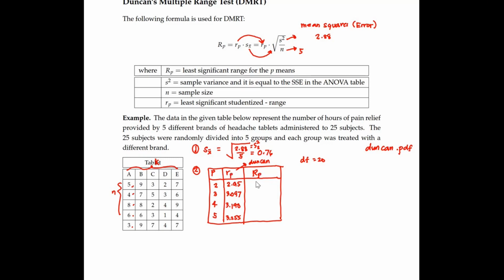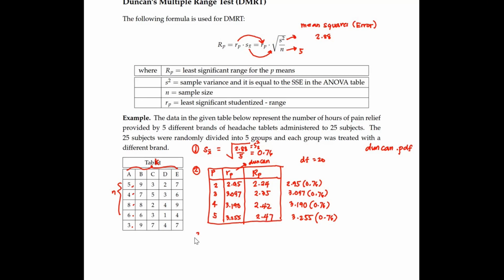So we have 2.95 times 0.76, which gives 2.24, and then 3.097 times 0.76, which gives 2.35, and then 3.190 times 0.76, which gives 2.42, and then 3.255 times 0.76, which gives 2.47.